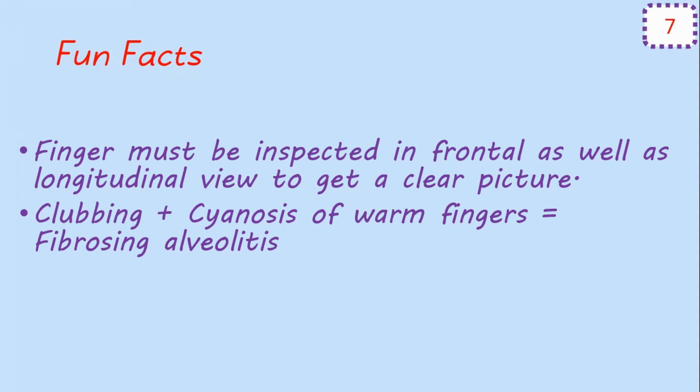Here, I focus on the point warm because normally cyanosis is seen with cold peripheries or cold extremities. But if the finger is warm to touch and there is cyanosis on inspection, and there's also clubbing, then we have to suspect fibrosing alveolitis as an underlying pathology in that patient.